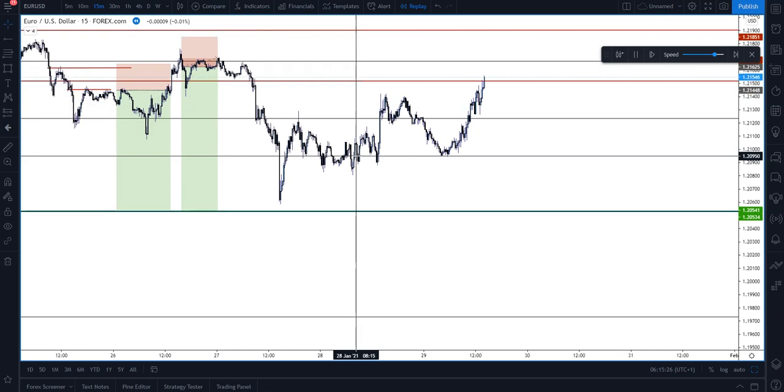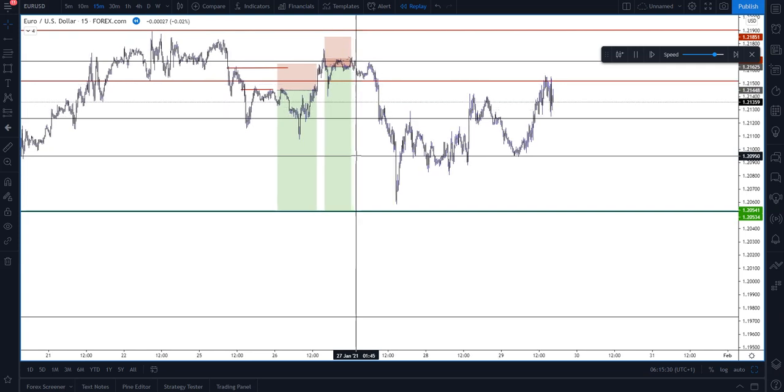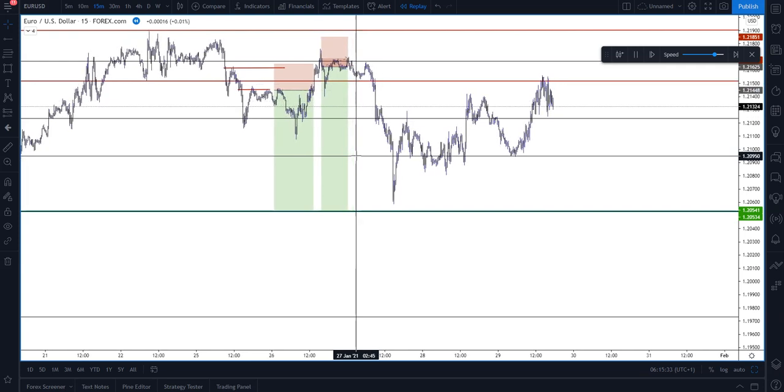Because this thing looks like it's going the opposite direction right now. It's going wicked.